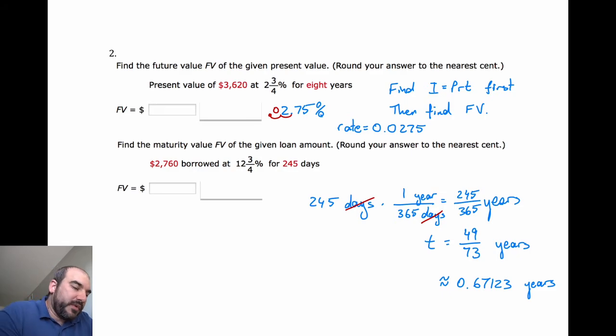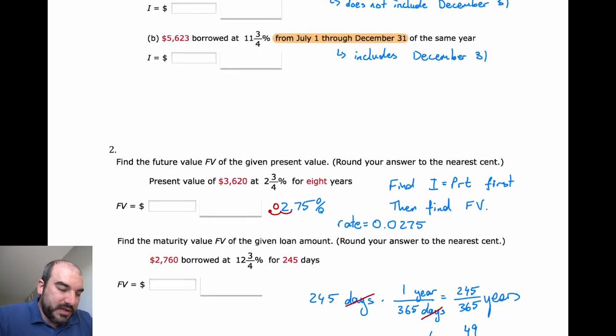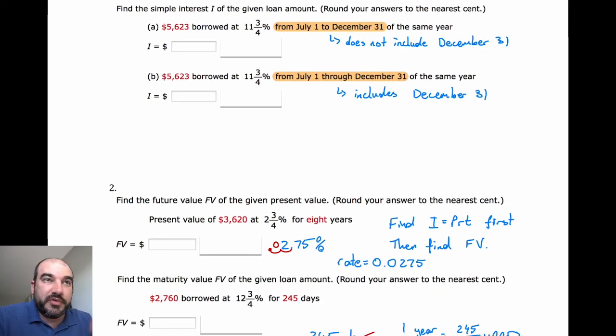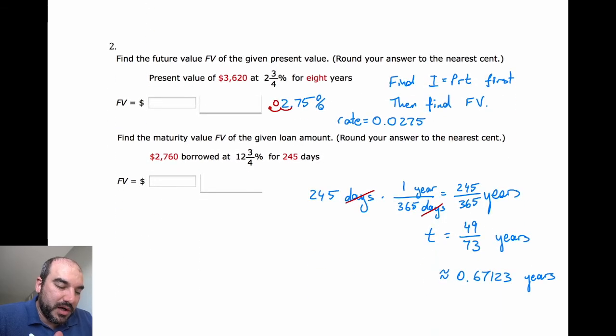So converting from percent to decimal, we move the decimal 2 places to the left. To change fractions to decimals, you just divide them using a calculator. Same thing for the other one. 3/4 is just 0.75. So this will be 11.75, and then you would move the decimal 2 places over to the left to change it to decimal rather than percent.